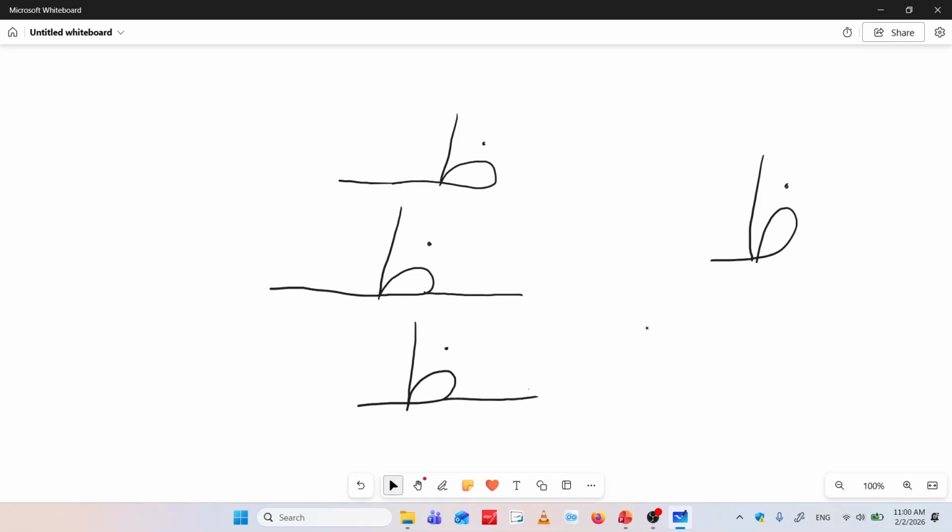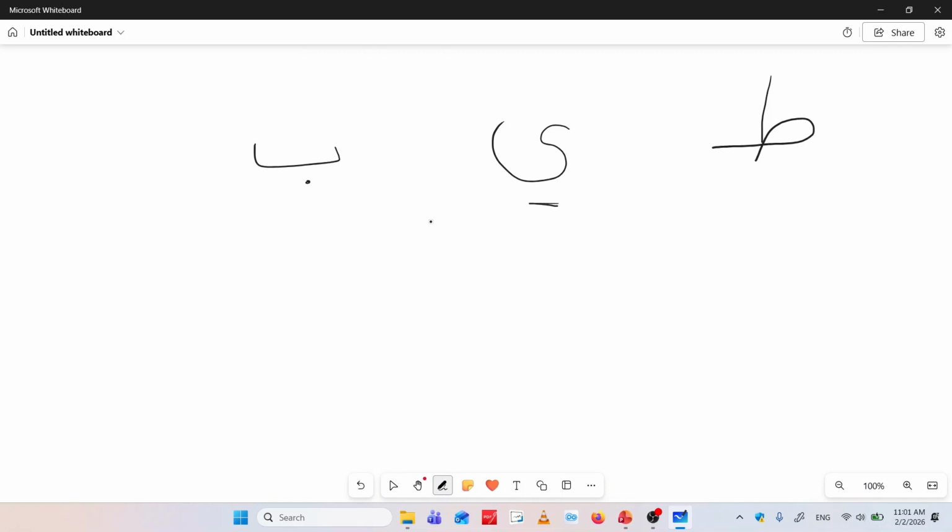Now we will practice some words. The first word is going to attach ta and ba.